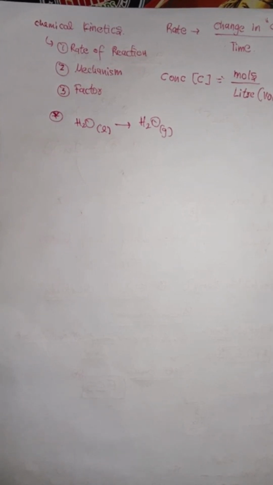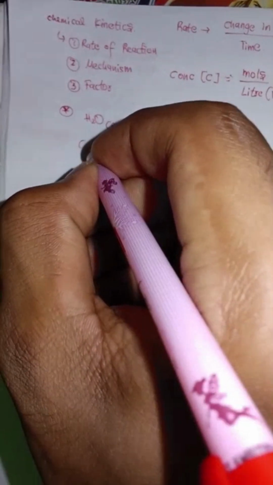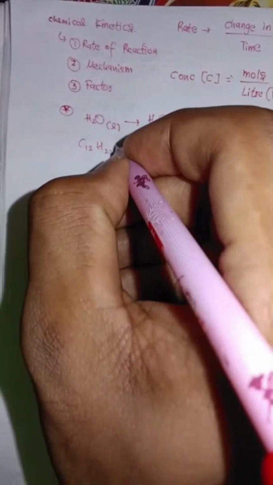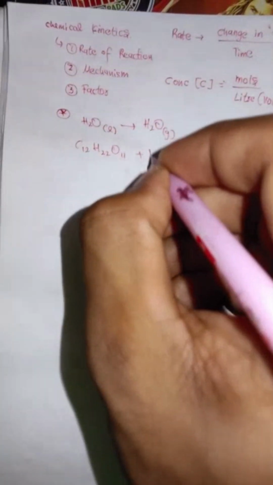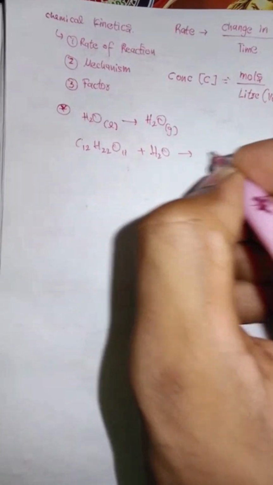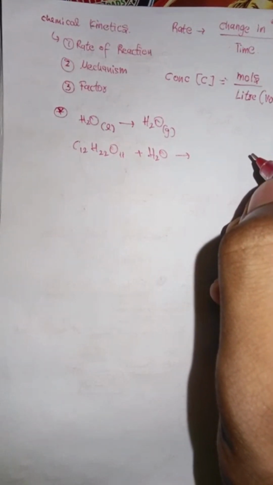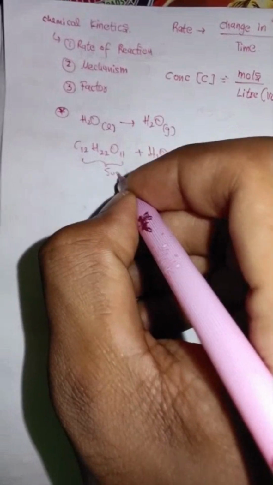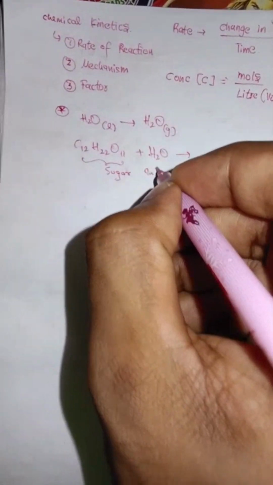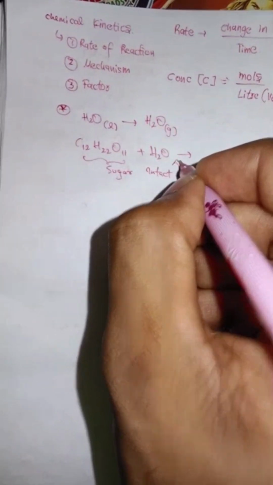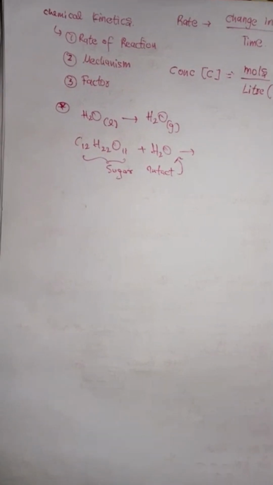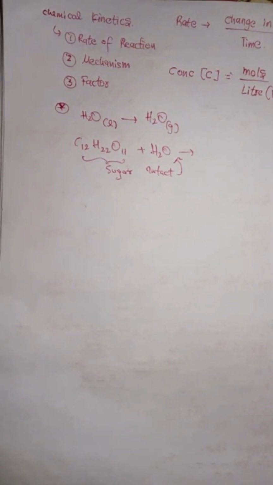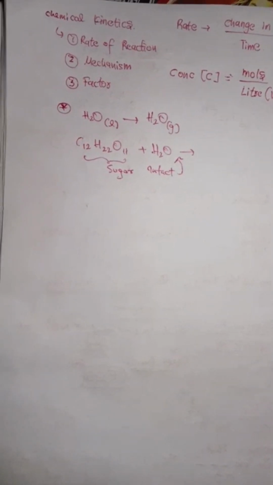And even dissolving sugar in water is not considered a reaction, because the sugar stays intact in H2O. So we cannot consider this a reaction because there is no bond breaking or bond making here.